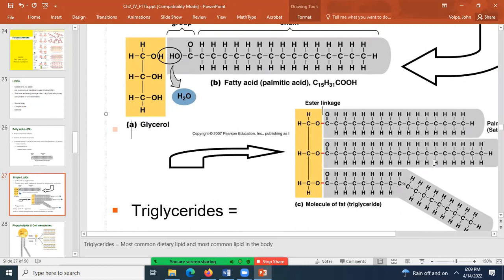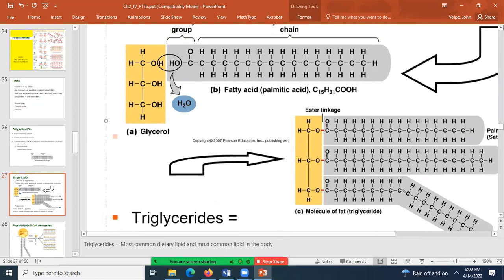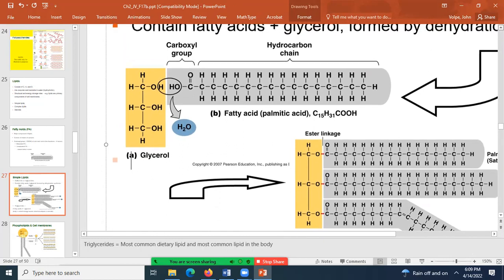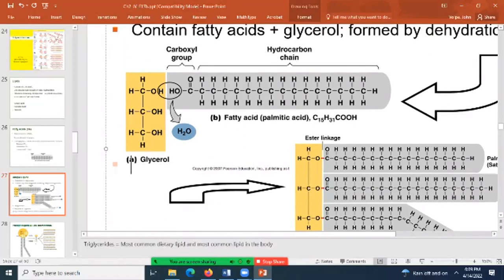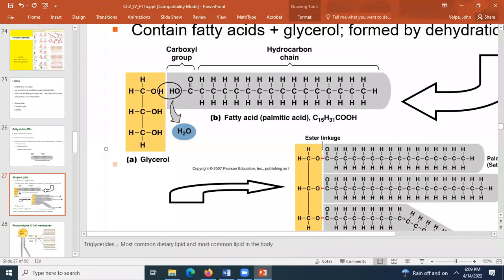I'm not going to talk too much about that, but when we have eukaryotes and bacteria making fatty acids, and that would be true for an archaea also, but we'll talk about archaea, they form an ester linkage between the O and the carbon.